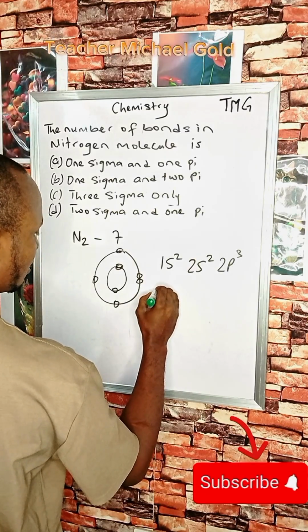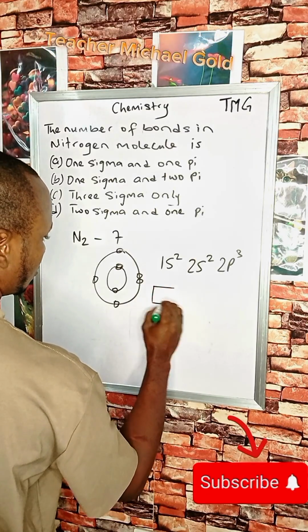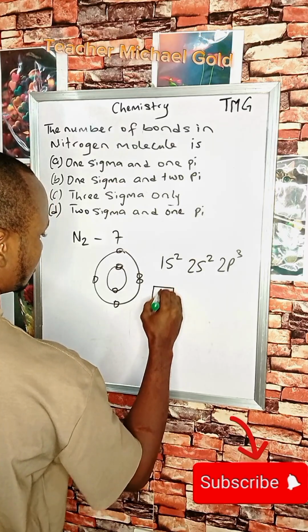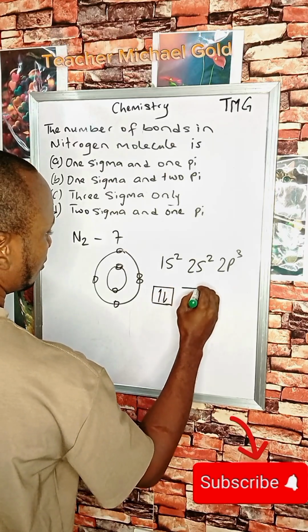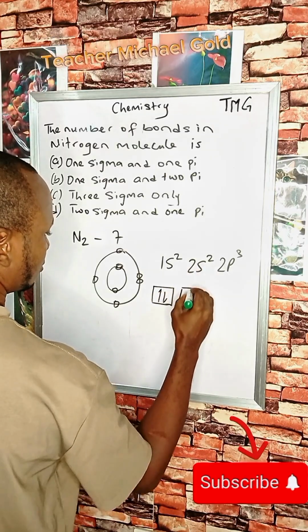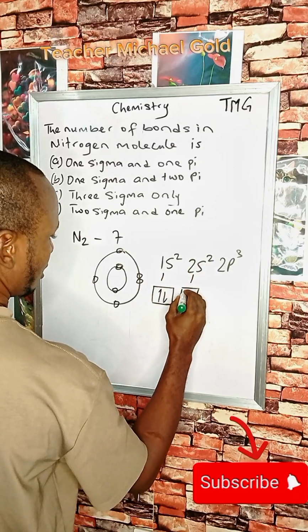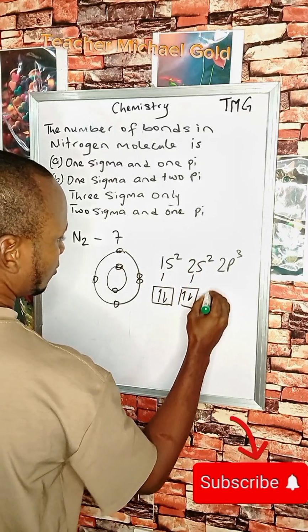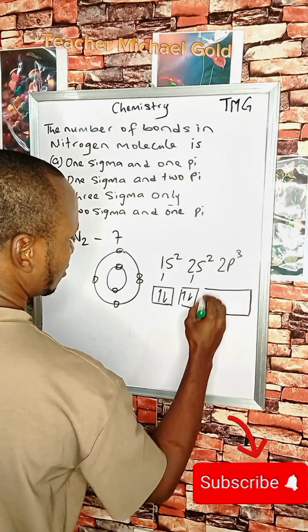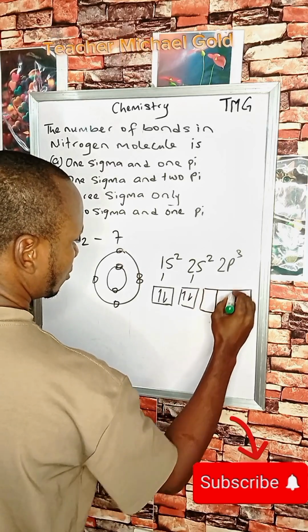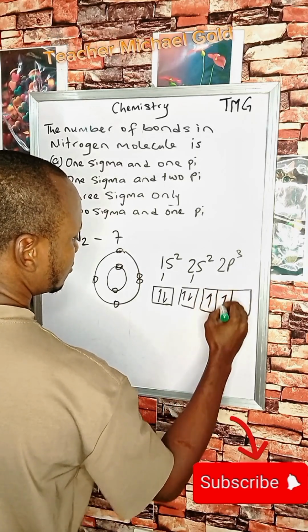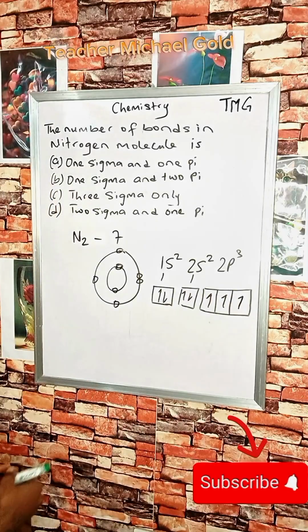So we have the first shell has this, and then the second has this, then the third one, which is the 2p, has these single electrons attached to it.